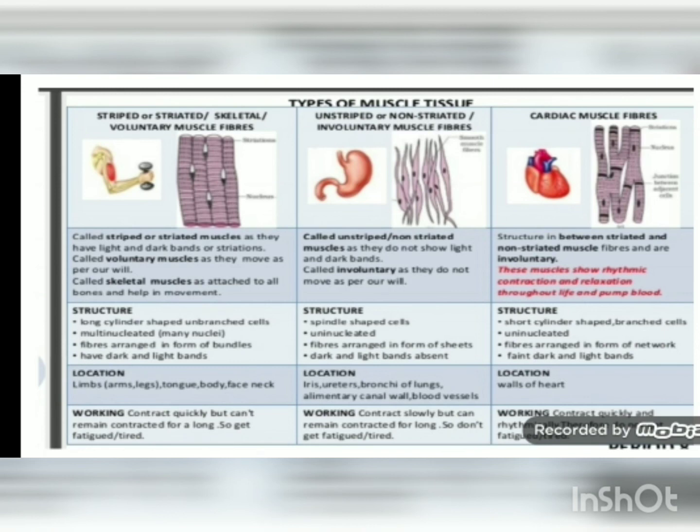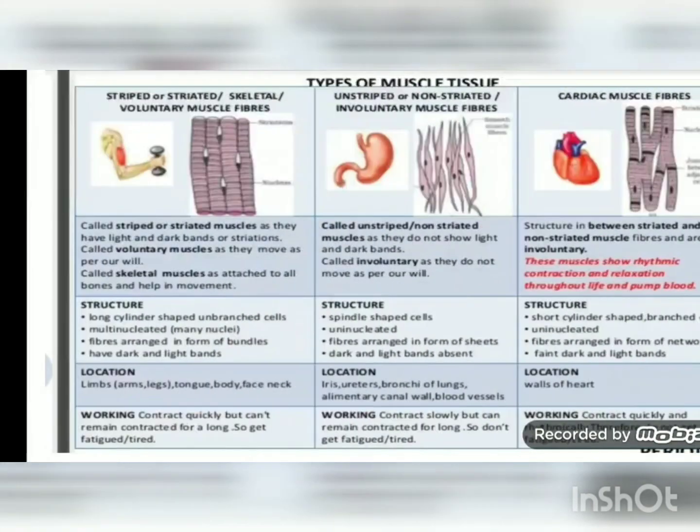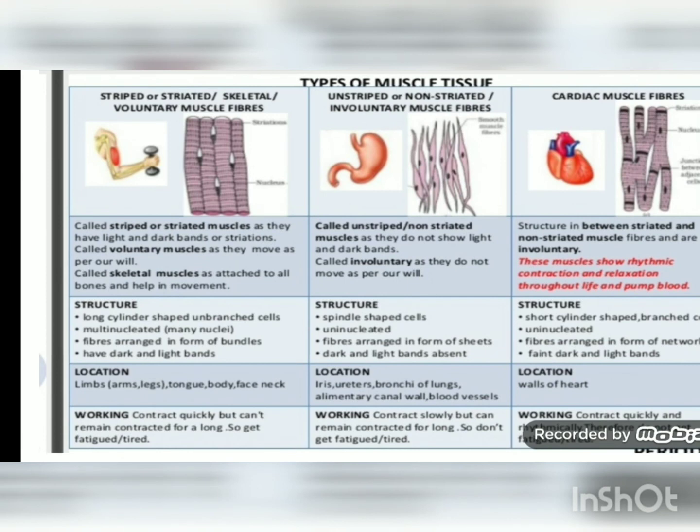Now this cardiac muscular fiber, the name itself suggests that it is present in our heart. Cardiac muscular tissue shows rhythmic contraction and relaxation throughout life and pumps the blood. The shape of this tissue is long, cylindrical, uninucleated, and it is branched.